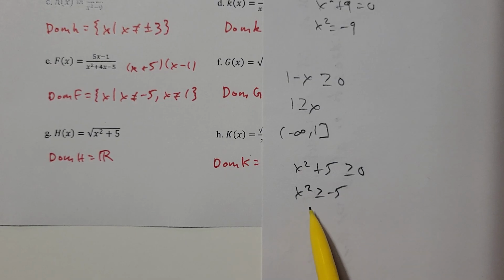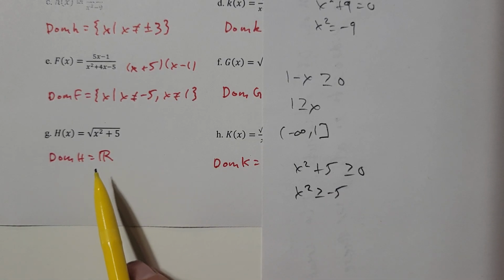Now, I know that if I square any number, I never have a negative, right? So will it ever happen for x squared plus 5 to be a negative? No, right? Because this statement here is always going to be true no matter what x is. You're always going to have x squared be greater than or equal to negative 5, right? So the domain would be all real numbers.